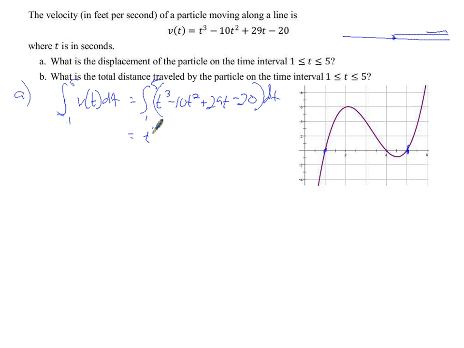Add 1 to the exponent. t to the fourth over 4, minus 10 over 3 t to the third, plus 29 over 2 t squared, minus 20t, from 1 to 5.